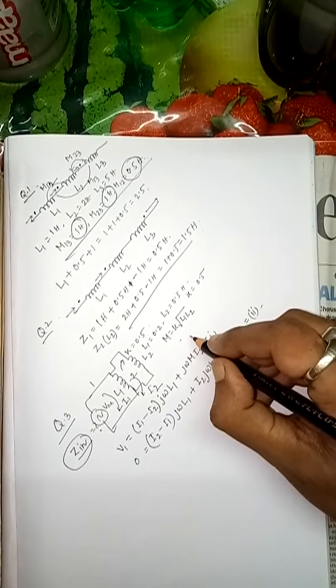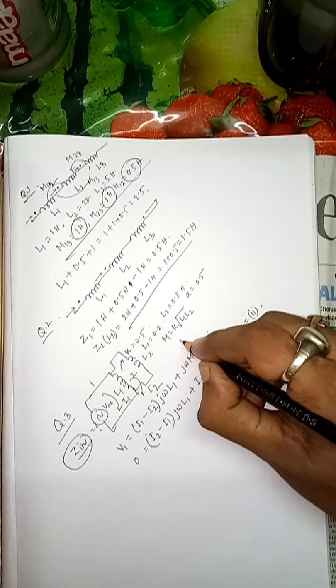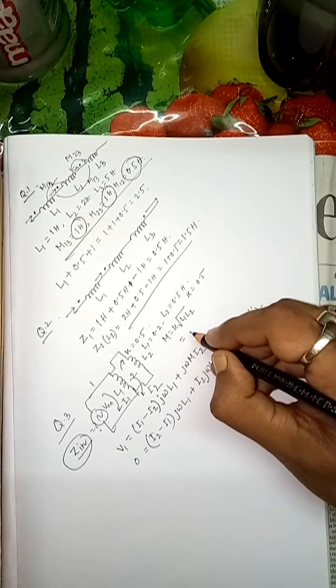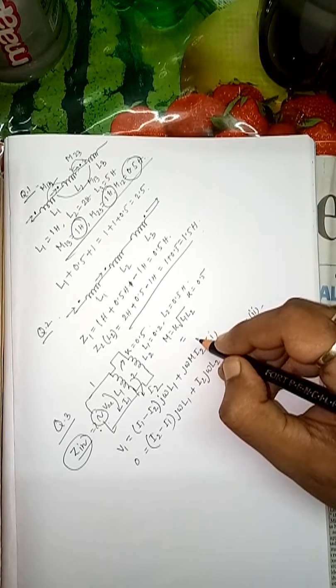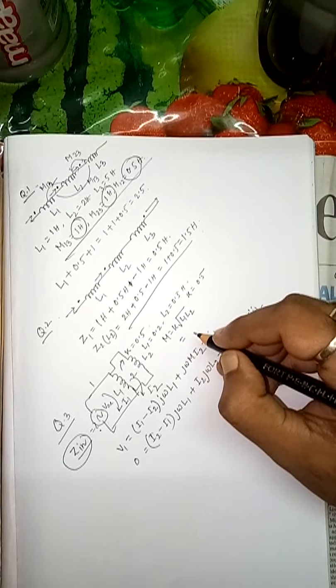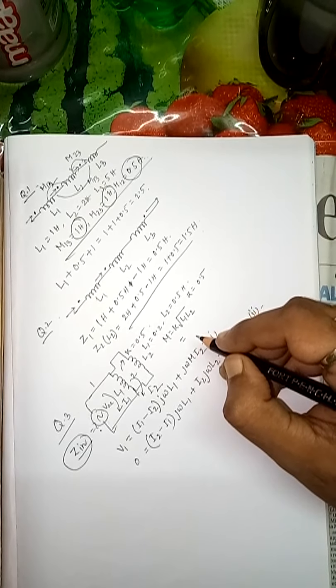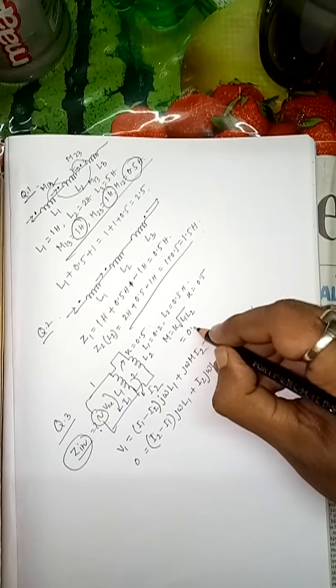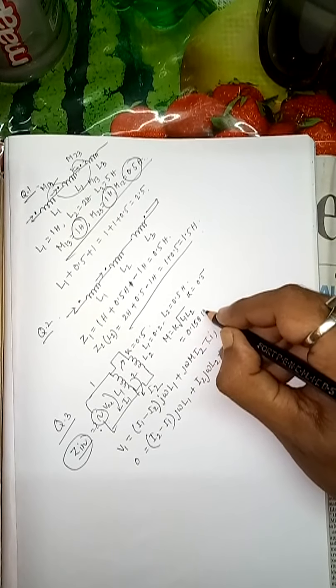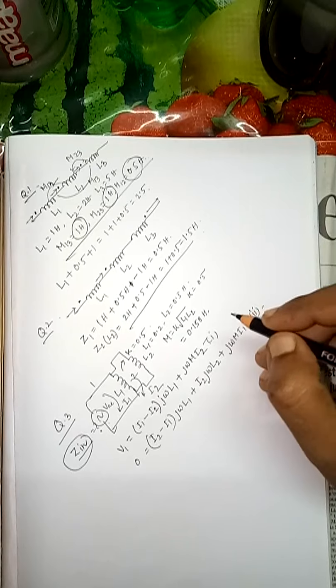So the value is given as M equals to, just putting this value, we have to calculate it by yourself, and that M is coming as 10, that is Henry. So M is coming like this.